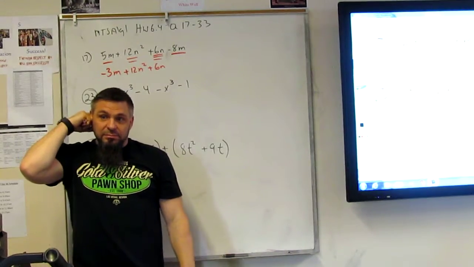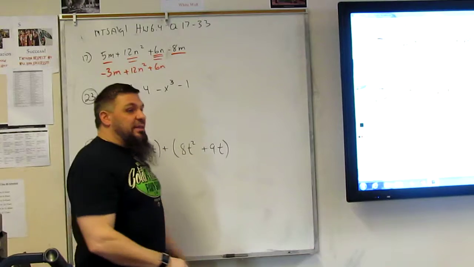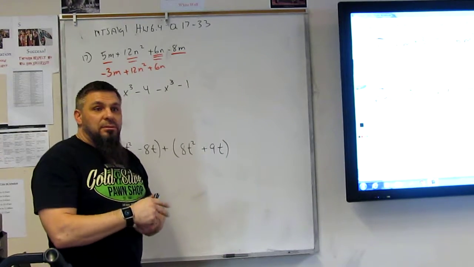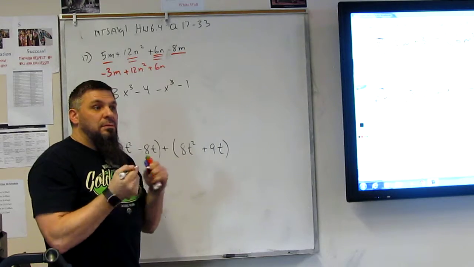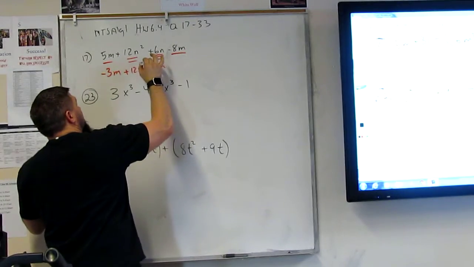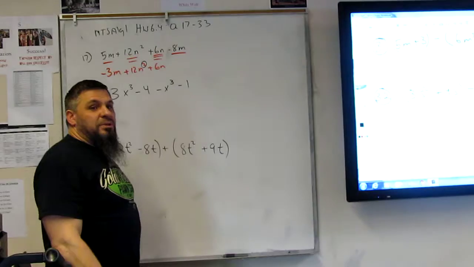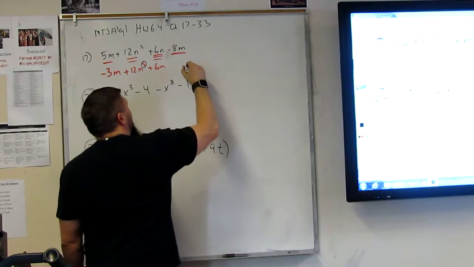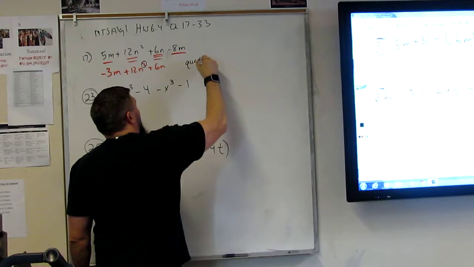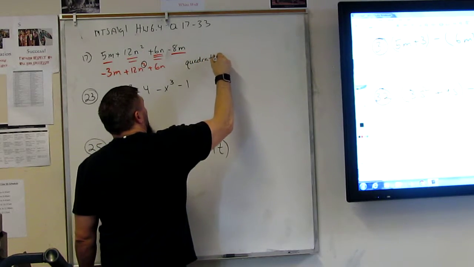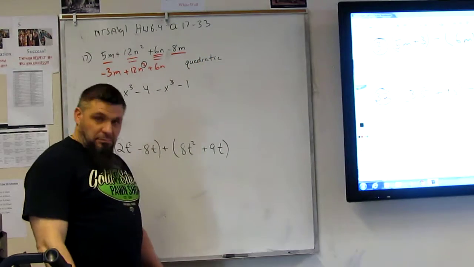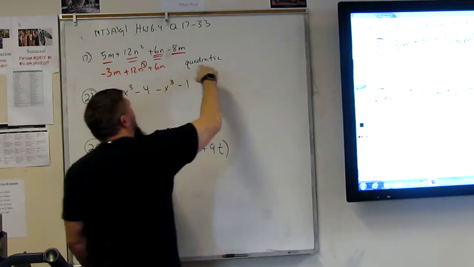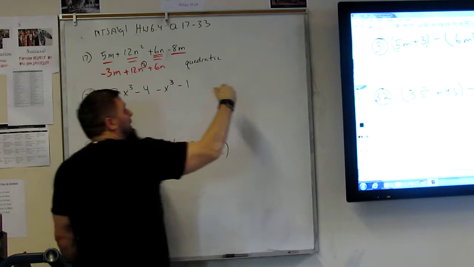Then I'm done. Now, if you look at this, what is this called? What type of degree is it? Second degree. We call that a quadratic. Third degree quadratic? Nope. Second degree quadratic. 3 terms, meaning?